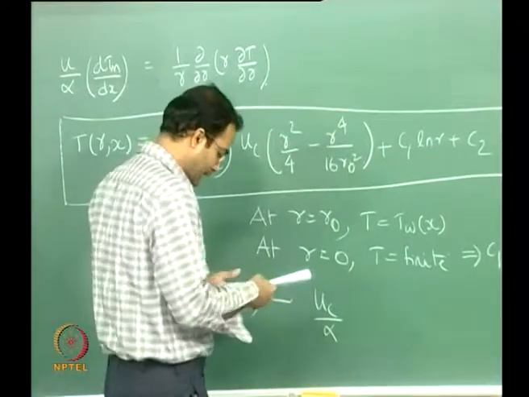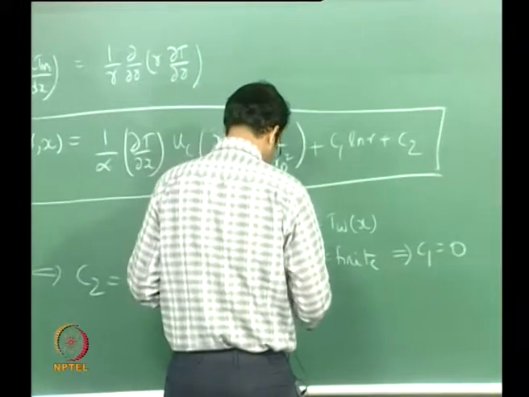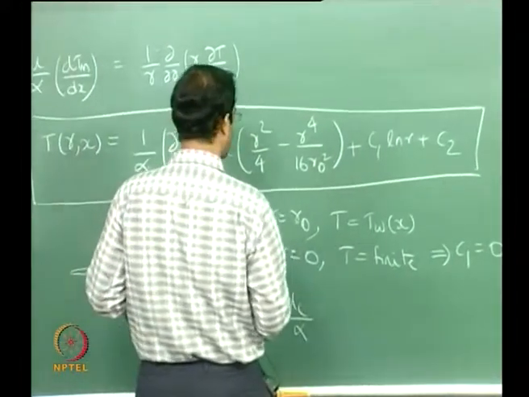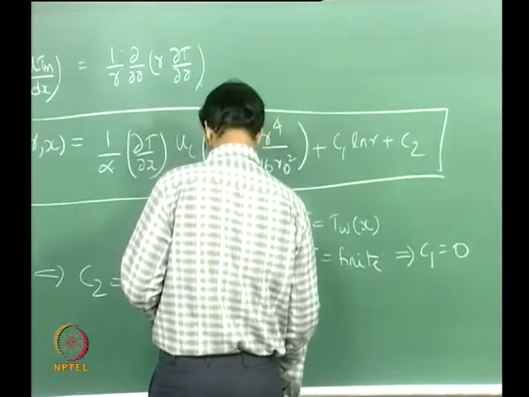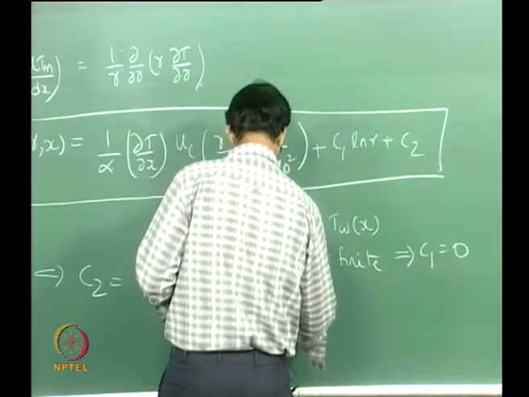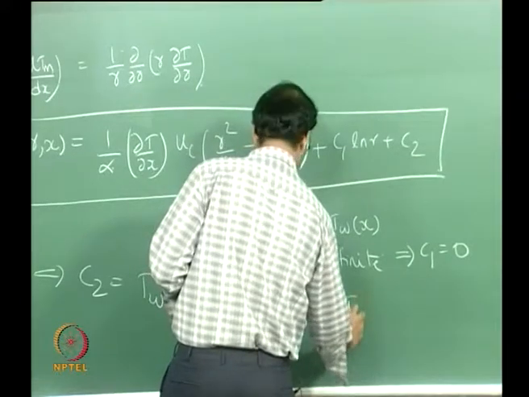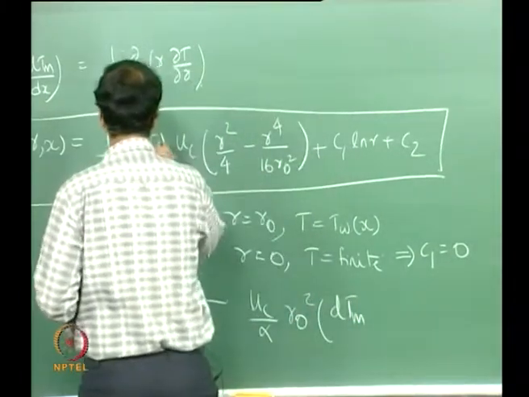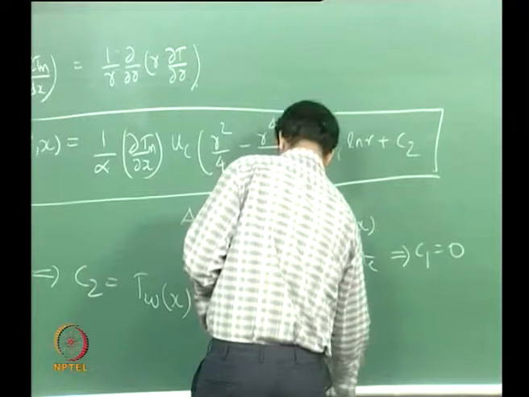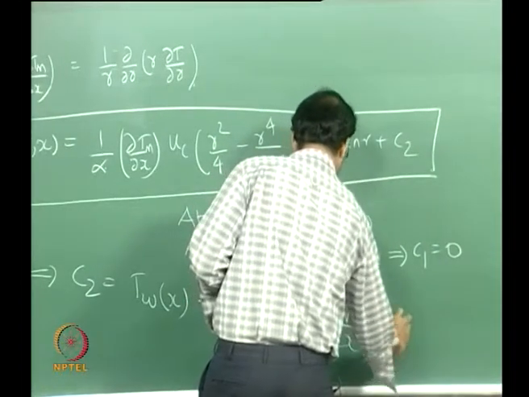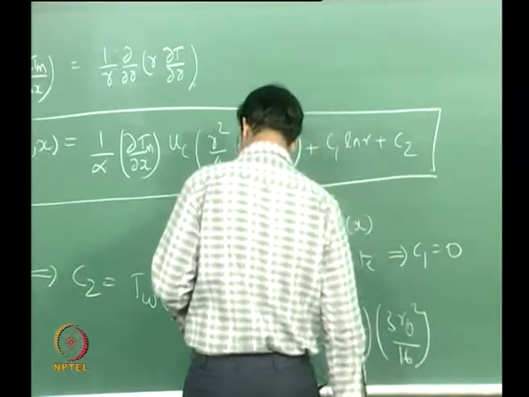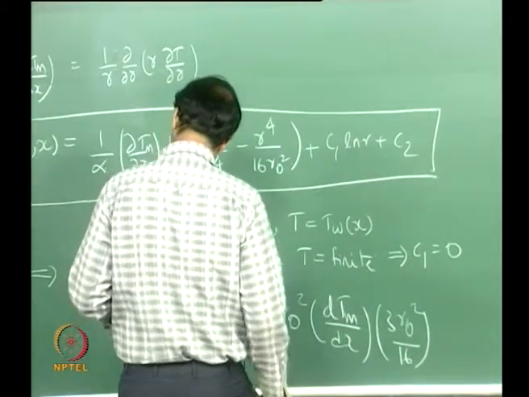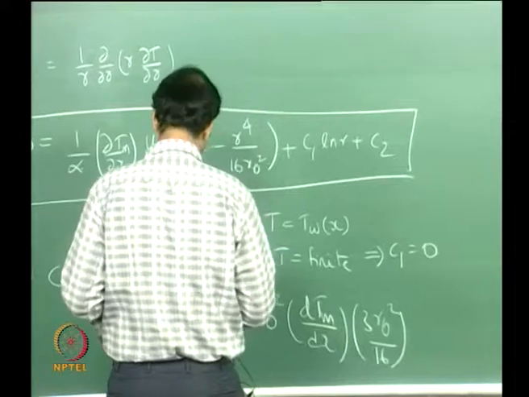Okay. So if you simplify it, it comes out as r naught square into dTm by dx, I can maintain this as dTm by dx, into 3 r naught square by 16. I think, can you just check if this is correct?